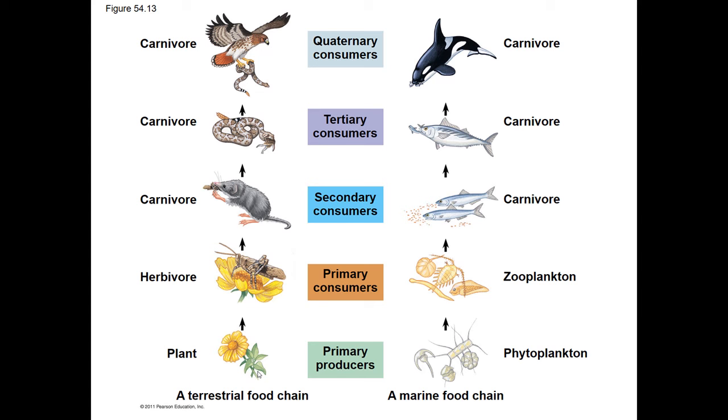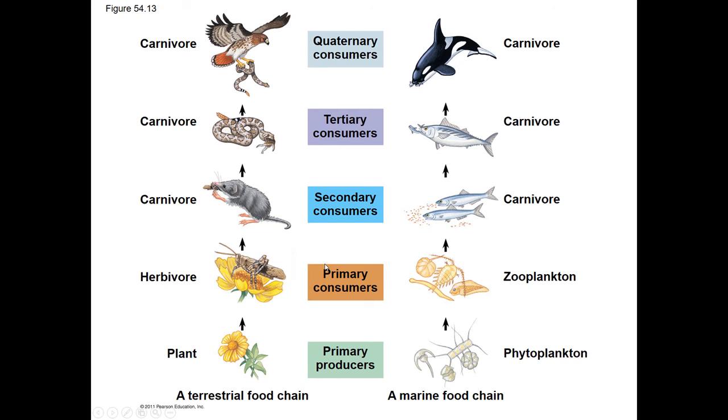Usually we would call the primary consumers our herbivores, our plant eaters in the community. So looking at our terrestrial food chain, something like an insect that eats the plant would be our primary consumer. It is directly eating the primary producer tissue.